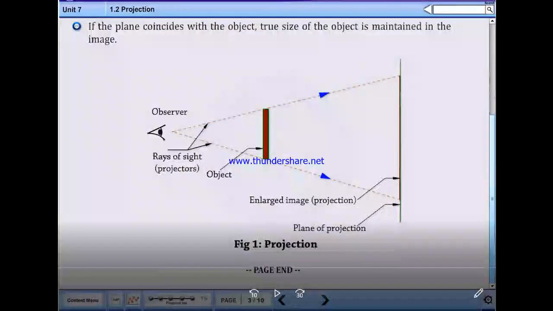Note on the figure: projection of the figure, observer, rays of sight, object, enlarged image.